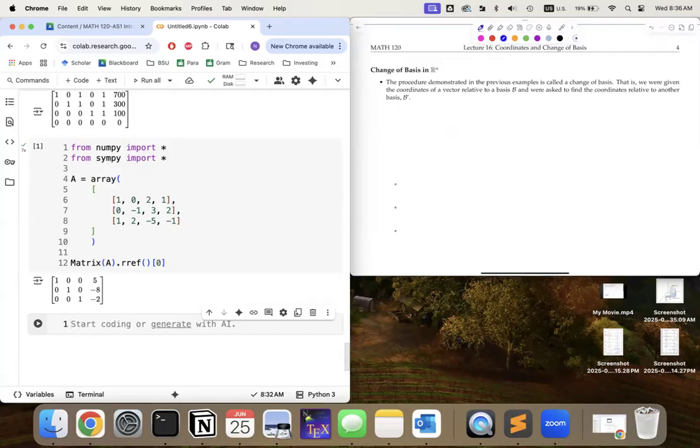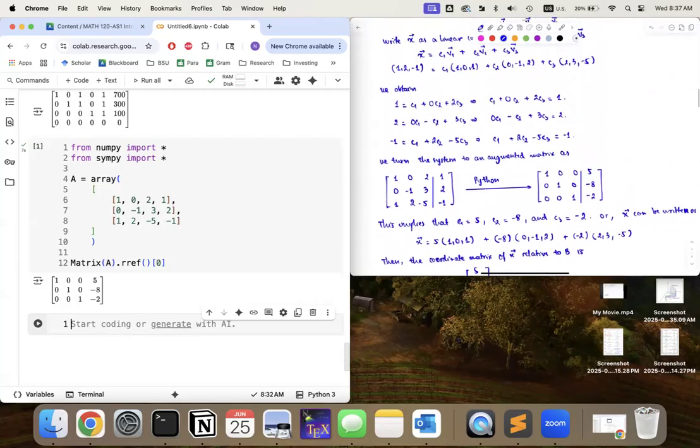So in example 3, you have this matrix [1, 0, 2; 0, -1, 3; 1, 2, -5] times C1, C2, C3, and this is equal to (1, 2, -1). Let me go back to example 3 a little bit here.